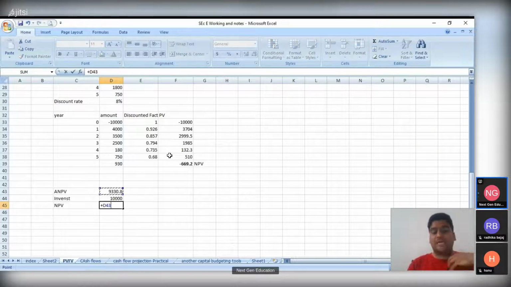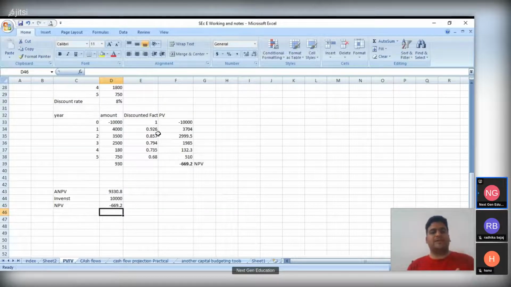Whatever be the present value of your annual cash inflows, minus the 10,000, you will get the figure. If this figure is negative, reject the offer. But if this figure is positive, accept the offer. Understand? It's a very simple formula.